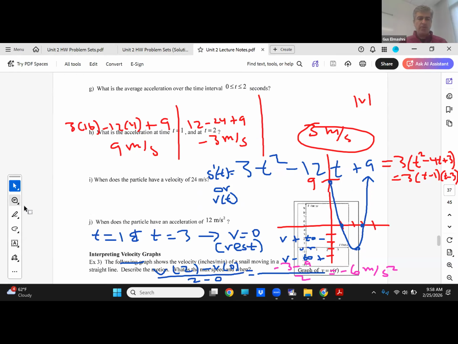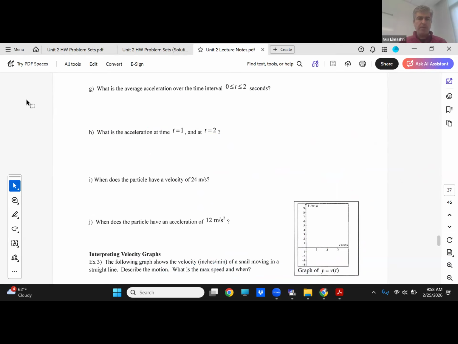So my equation was 3t squared minus 12t plus 9. So acceleration is the derivative of velocity. Now, what was my velocity equation to begin with? Yeah, 3t squared minus 12t plus 9. What's the derivative of that, guys? 6t minus 12.